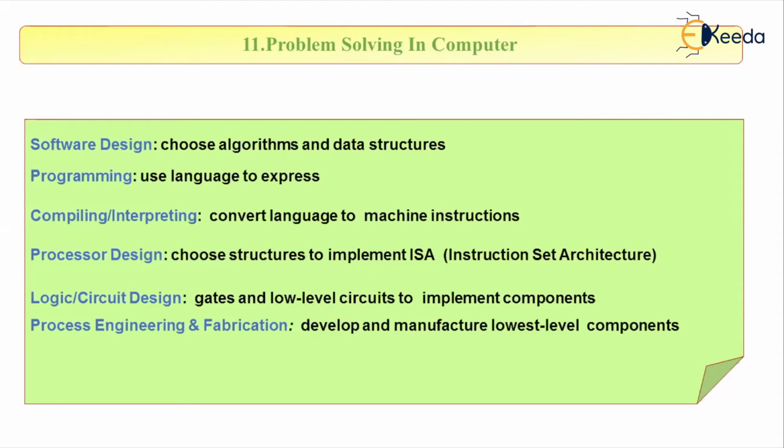But the challenge is that the computer understands only machine language, the binary language, which is the language of zeros and ones. Compiling and interpreting help convert the instructions given to the computer into the form of machine instructions.